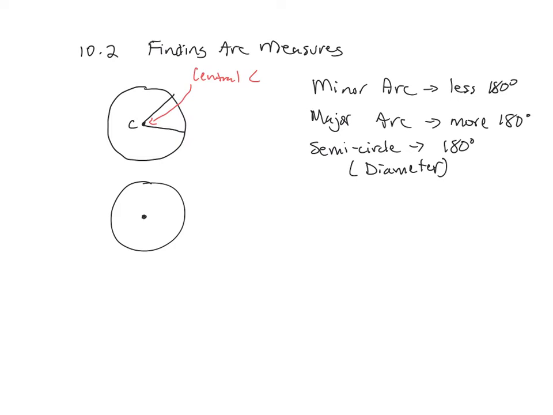Okay, so there's also, I don't know if it's a definition or it's not even a theorem, but let's say that this central angle ABC was 70 degrees.